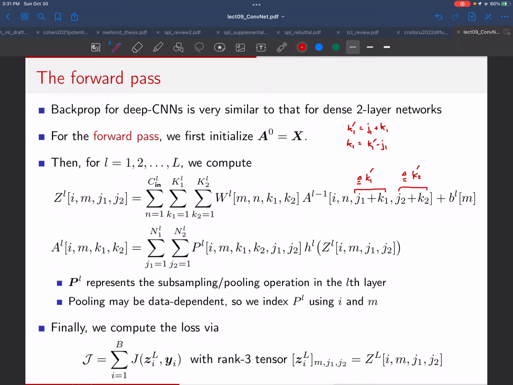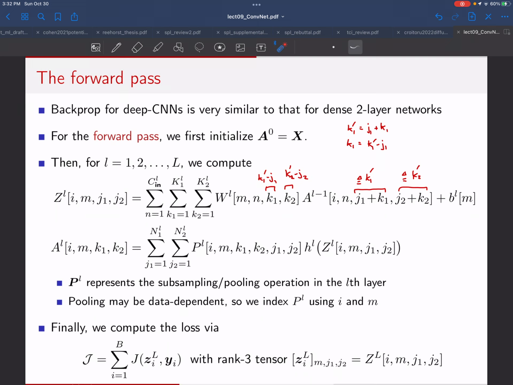In other words, this is going to be K1 prime minus J1, and this is going to be K2 prime minus J2. So now we have a slightly different version of this equation where this refers to I, N, K1 prime, K2 prime, and this W has some differences in those positions.